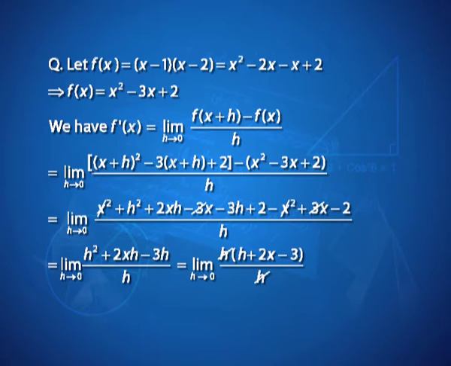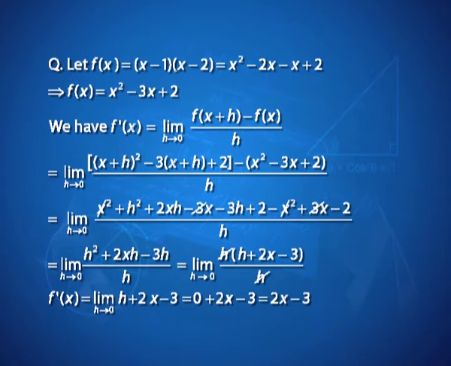That is equal to limit h into (h plus 2x minus 3) upon h. On cancelling h as common factor, we are left with f dash x is equal to limit h plus 2x minus 3 as h tends to 0. That is equal to 0 plus 2x minus 3, and therefore, the answer is 2x minus 3.